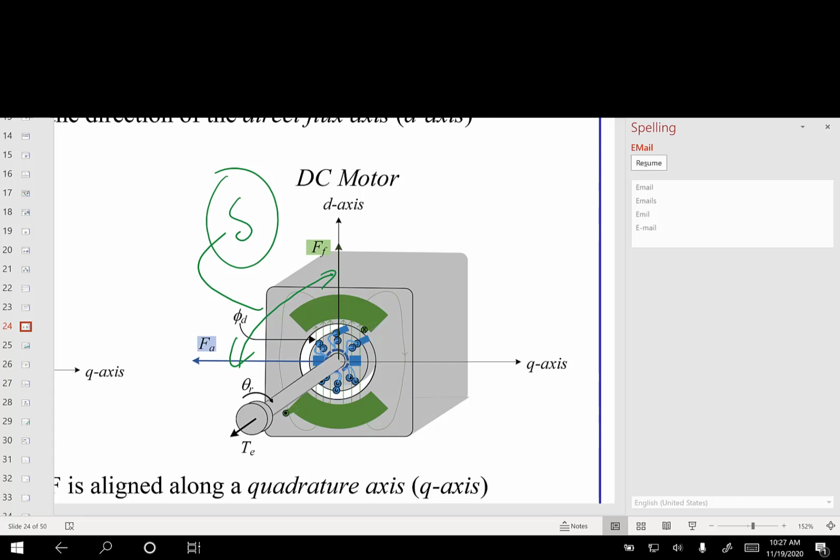If that del were 0, if you were to move the FA up here in line with the field, you'd have no torque. You couldn't produce any torque. And it's like I say, the DC machine was kind of a physics experiment that grew a life of its own. It was really trying to prove out the Lorentz force law with a rotating machine, using battery-supplied, or DC, which is the kind of current that people had at the time.